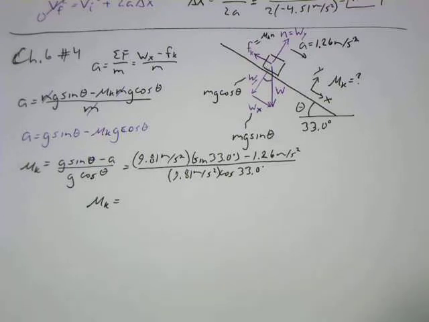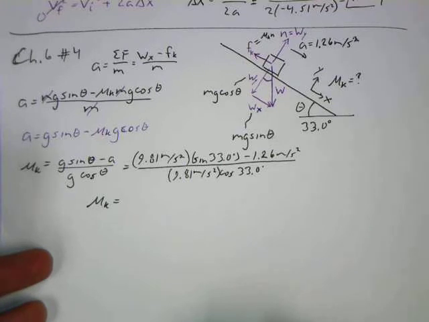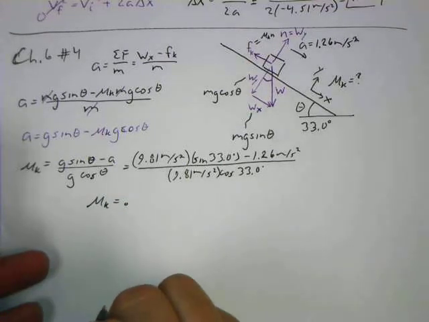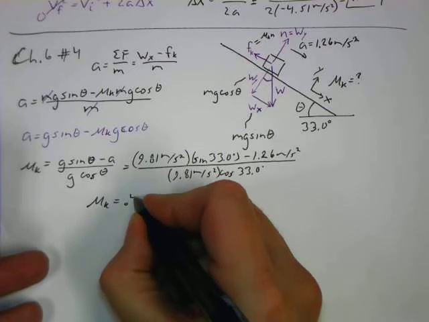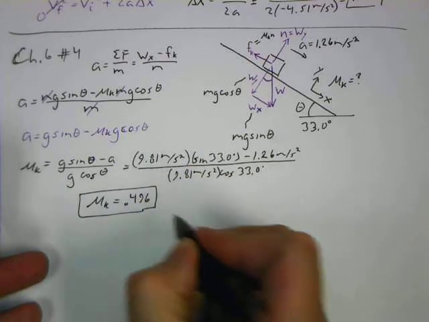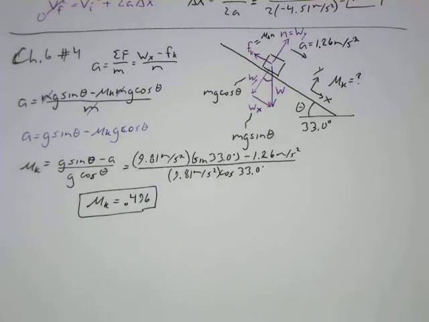And so I end up with a coefficient of friction, which is in a reasonable range, which is equal to, and I guess I do get 3 sig figs here, 0.496. That is my coefficient of kinetic friction as it goes sliding down.